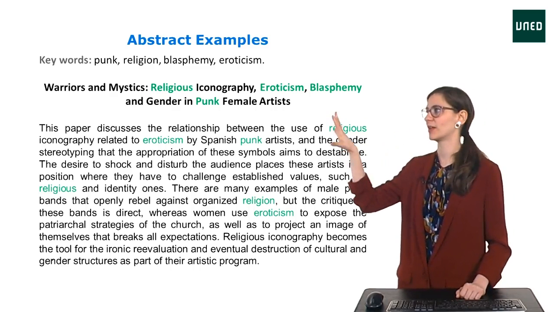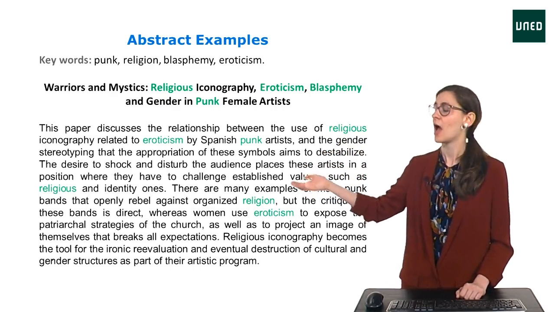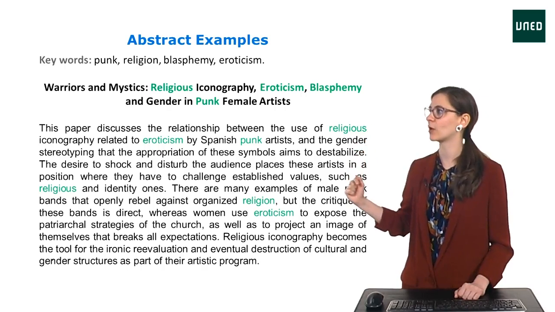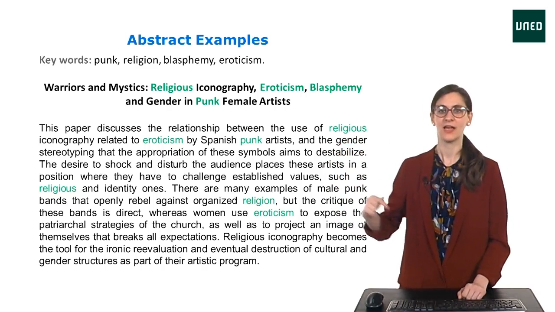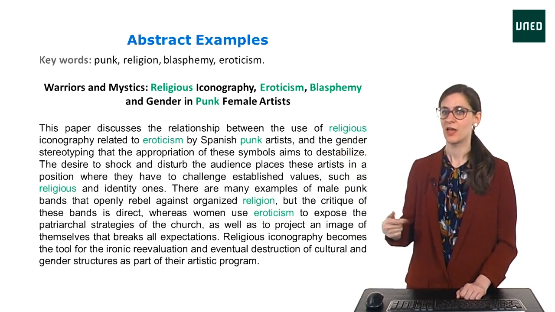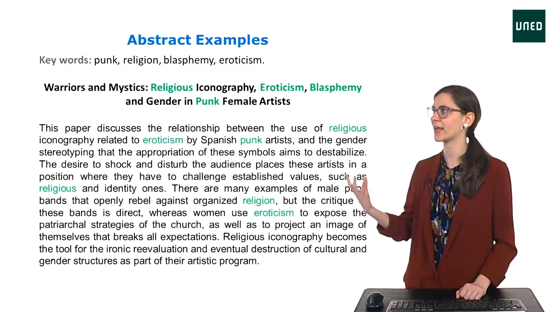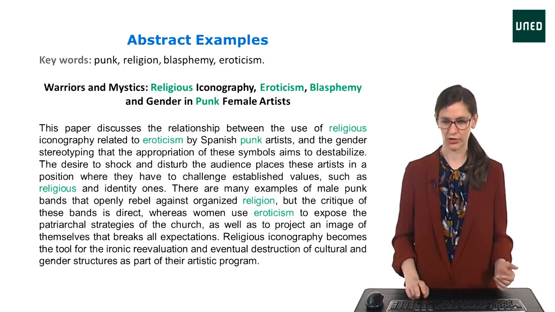So by just looking at the title itself, we can see the relevance of these keywords. And if we move to the abstract itself, we can see how these words appear all the time in the text. Okay, so as I said, they are relevant words that are easily used to categorize and classify the work, and they highlight the main topics of the work.